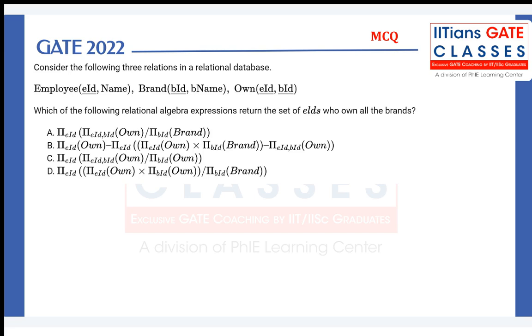For example, look at option D. It will try to join each employee with each brand. So it will give you a new relation that is not even correct compared to the first relation. So option D may not be correct. Similarly, try to also look at option A, option B, and option C.